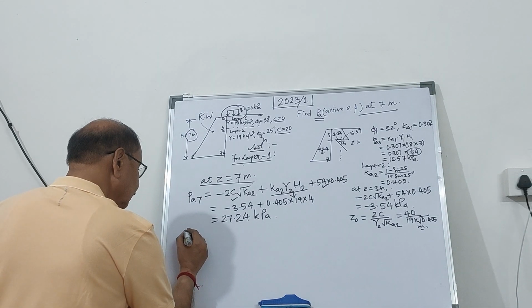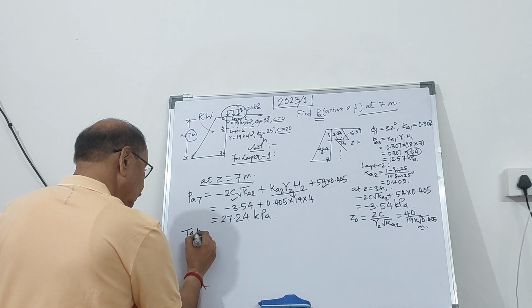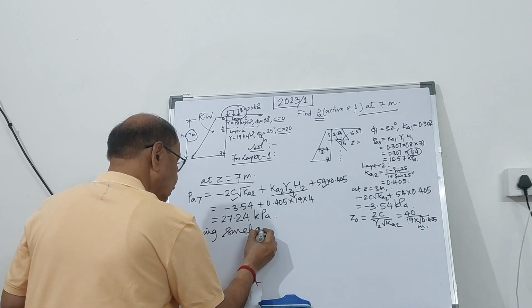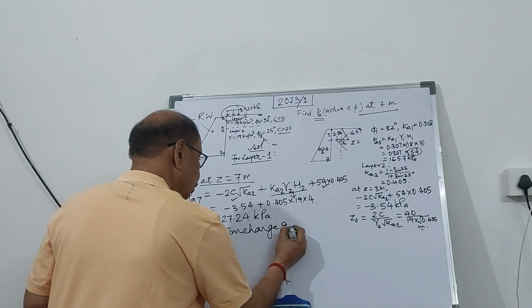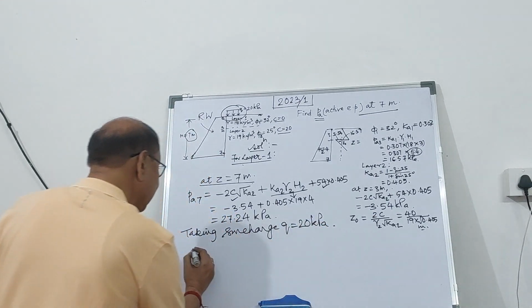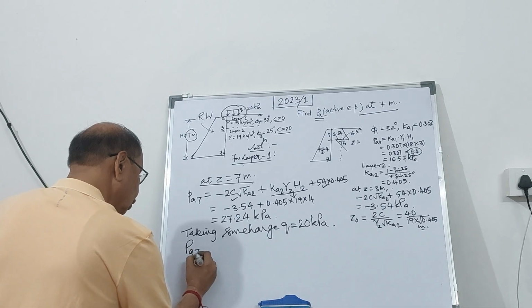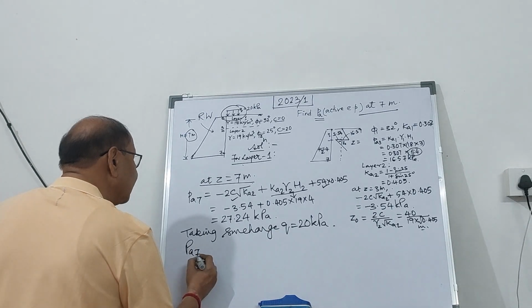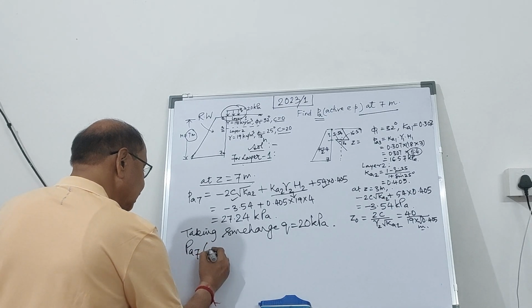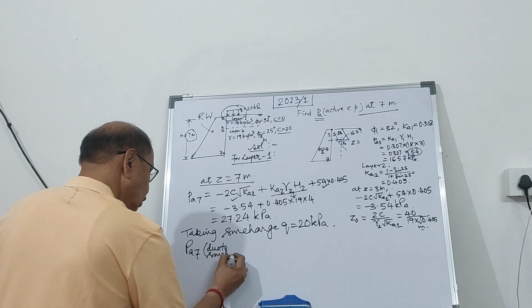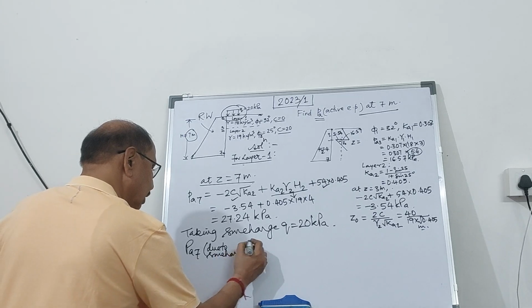Now taking surcharge Q equal to 20 kPa, PA7 due to surcharge, or PAQ due to surcharge, can be calculated.